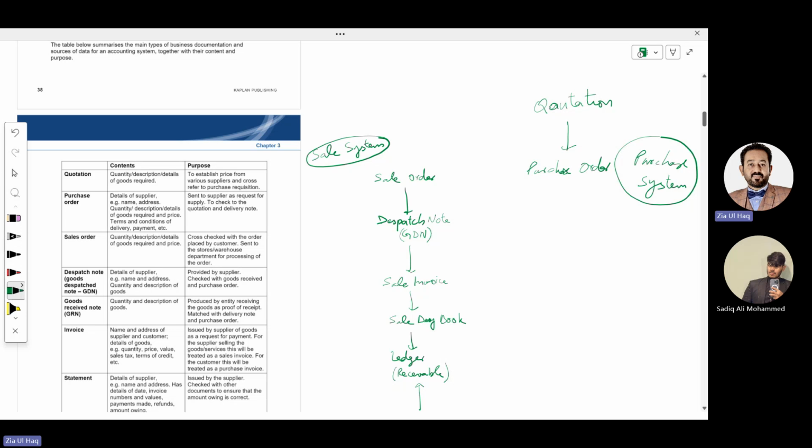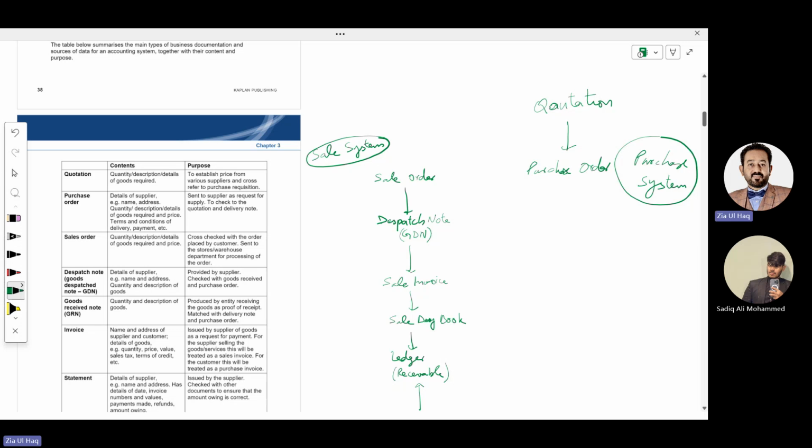So to avoid that kind of fraud, there is a policy. First, you need to take 4 or 5 quotations. Based on those quotations, you need to see who is providing high quality at low price, to whom you should place the order. And then while placing the order, the company prepares a document called a purchase order.